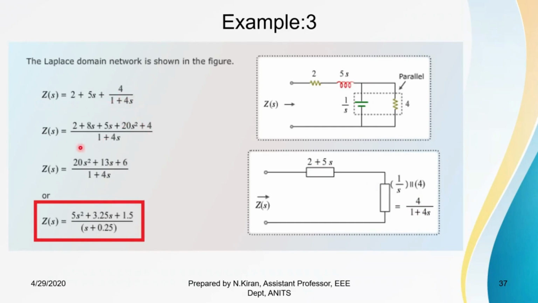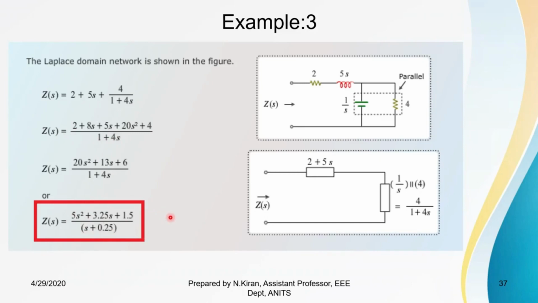If I take LCM, that will give me the value of Z of S to be 5S squared plus 3.2S plus 1.5 divided by S plus 0.25. So here, after taking LCM, you can take 4 common, which will give me this expression.